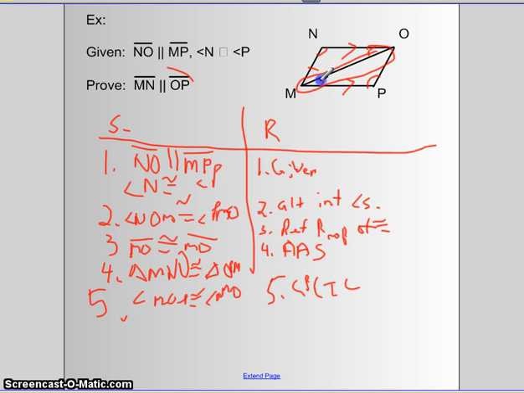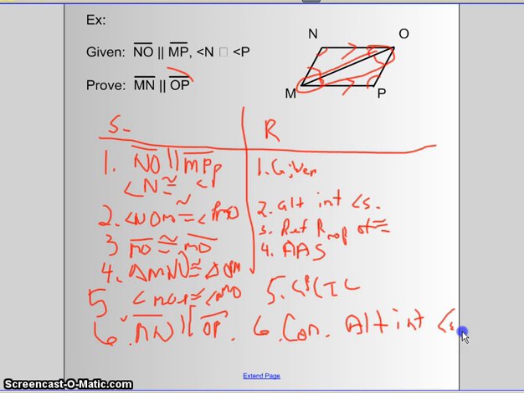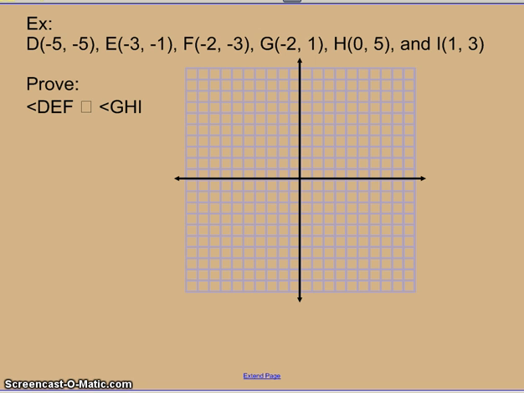And if these two are congruent, then these two lines would have to be parallel. And to prove lines parallel, we have to use the converse of those angles. So those are alternate interior angles again. So we're going to state that our reason is the converse of the alternate interior angles. Okay, let's move on. Very good.